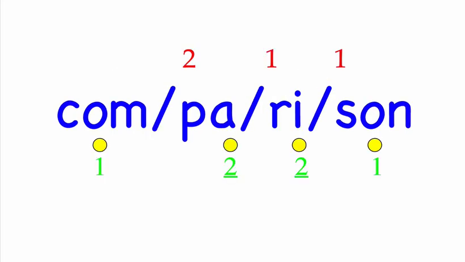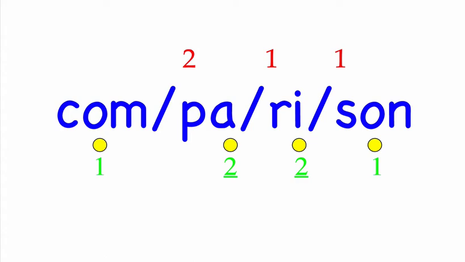Ri, two sounds: r, i. San, three sounds: s, a, n. Com, pa, ri, san. Mark the word. Comparison.